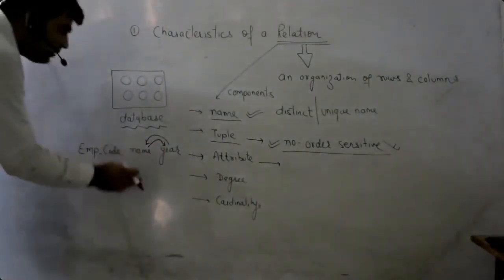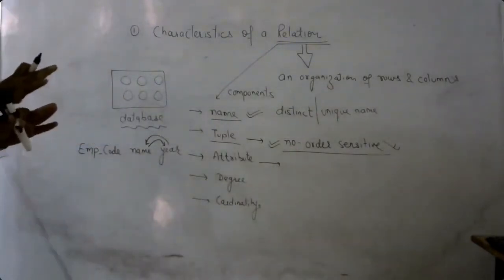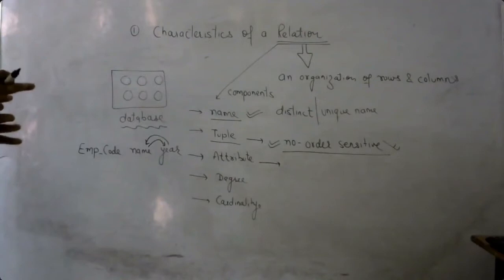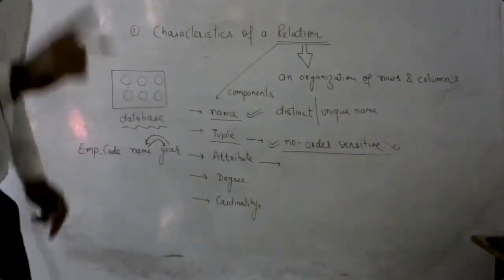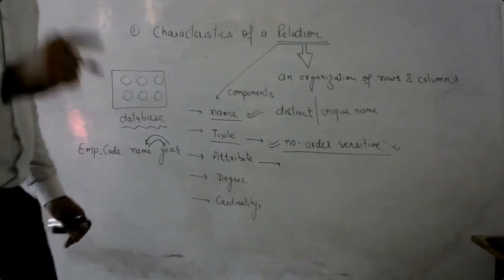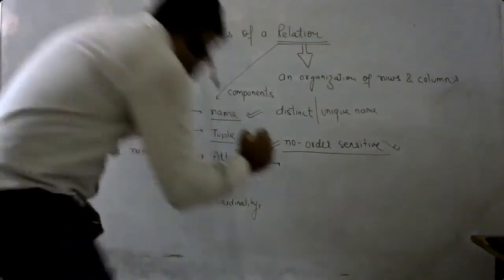It means the attributes can be written in any order. So the order of the attributes is also not sensitive. Attributes can be written in any order, depending upon the developer who developed the relation or a database.